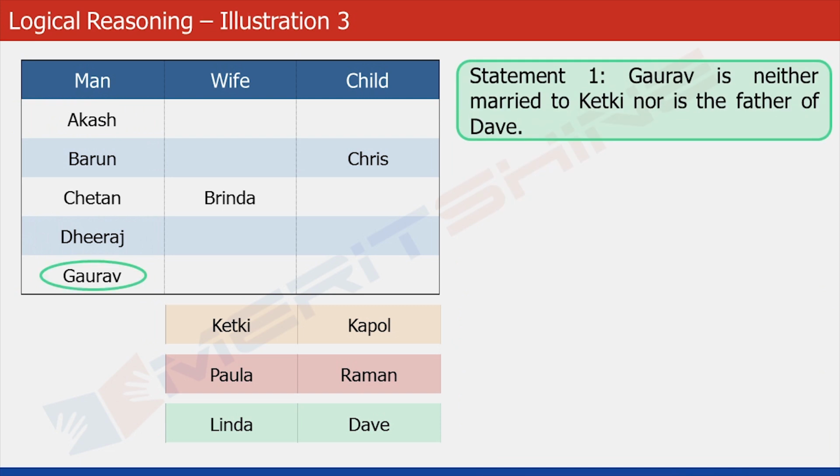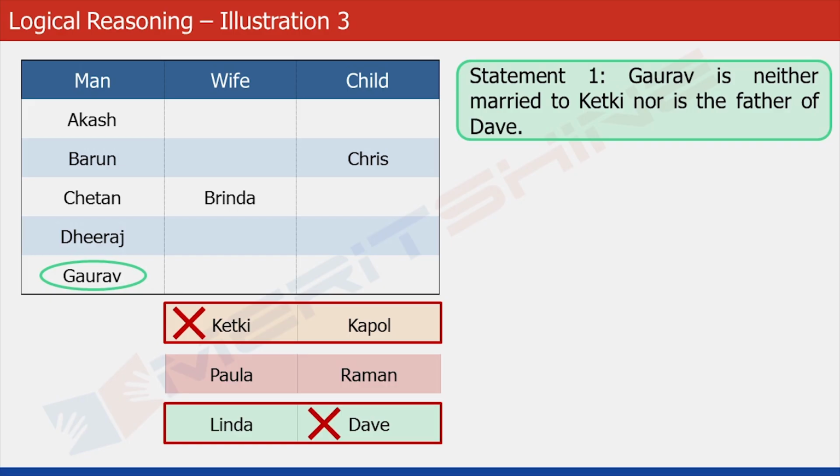It says that Gaurav isn't married to Ketki. So we can safely say that the Ketki Kapol block wouldn't fit beside Gaurav. Also, it tells us that Gaurav is not the father of Dave. So we can rule out the Linda Dave block as well for Gaurav.